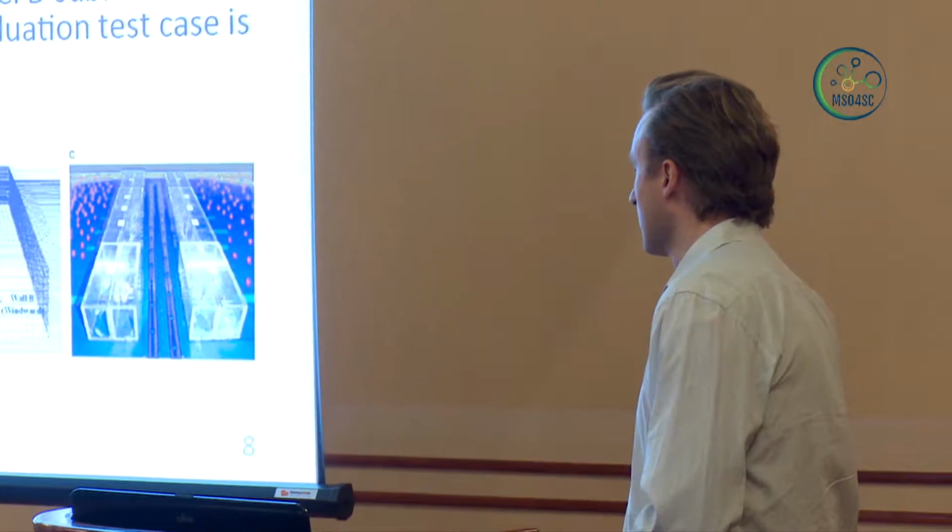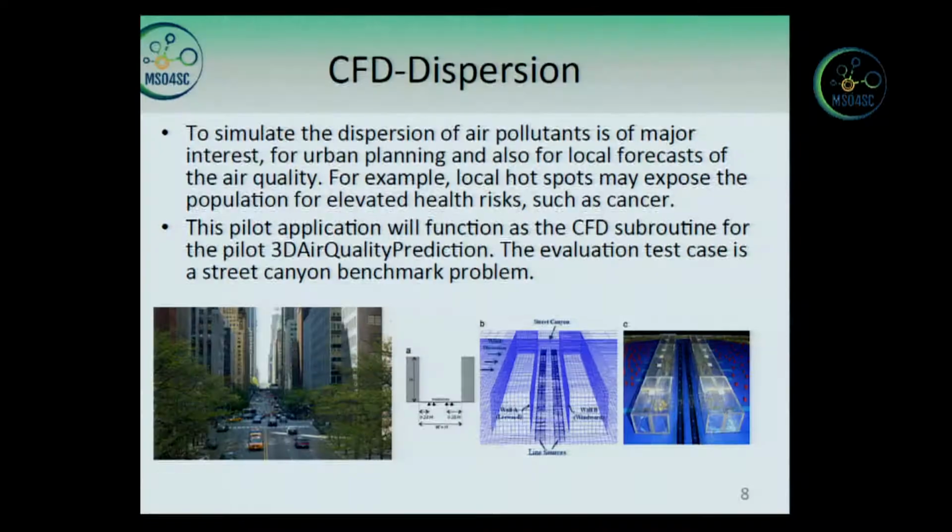Another Phoenix pilot is the CFD-Dispersion, and this will also function as a subroutine for the 3D air pollution or air quality prediction pilot. Basically, this is a computational fluid dynamics pilot together with the dispersion module.